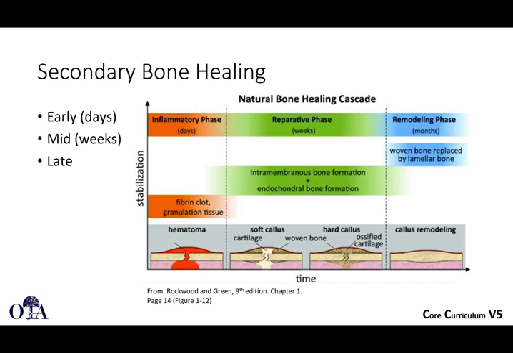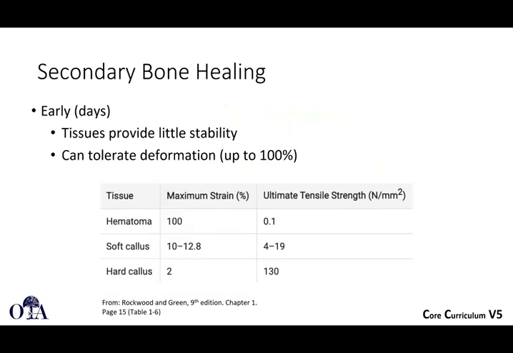We have cartilage formation through this immature woven bone that eventually becomes a hard callus and ossified cartilage, and then eventually over time that's replaced by lamellar bone in a remodeling phase. So those are the 3 phases. That second phase is sometimes broken down into a soft callus phase and hard callus phase to make it 4 phases.